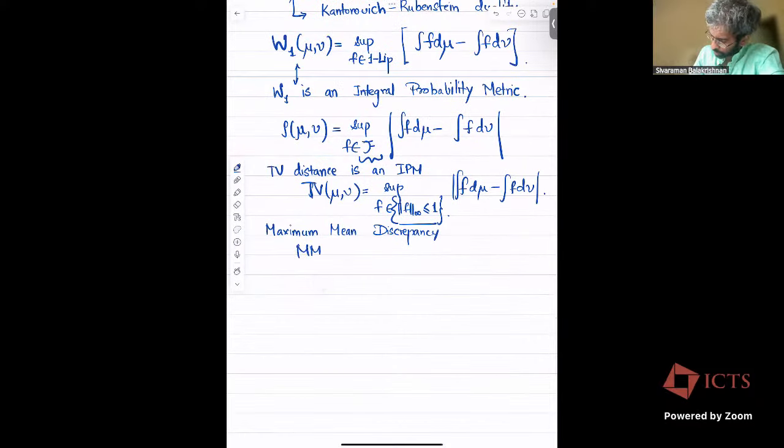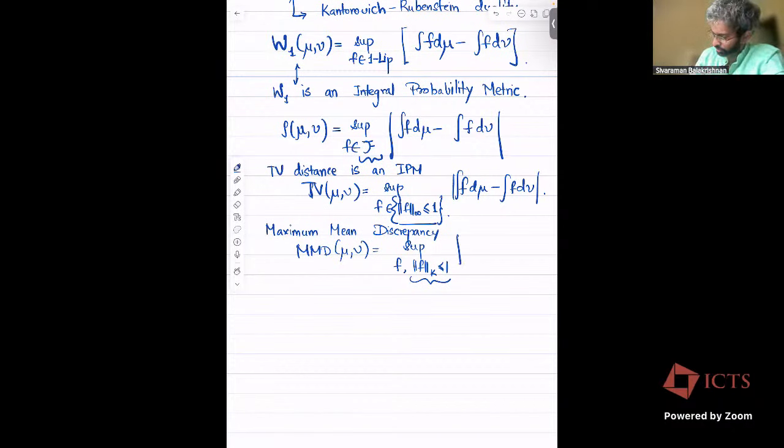The MMD between two distributions is the supremum over functions which live in an RKHS. I will not tell you what an RKHS is, but it is some class of functions which are defined via a kernel. That's a reproducing kernel Hilbert space.